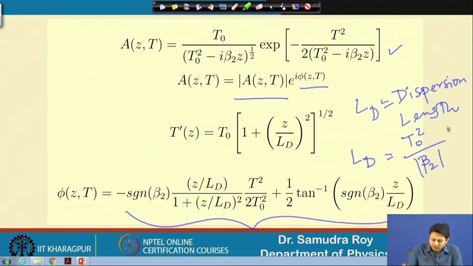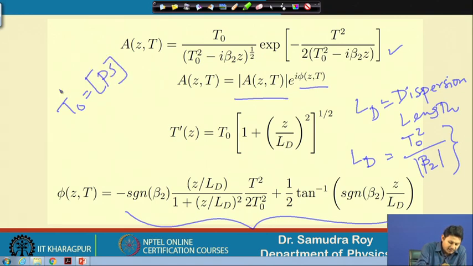If you look carefully at the units, LD is a unit of length, because it represents a distance, so the right-hand side should also have the unit of length. Here T0 will be in units of, say, picoseconds, so T0 square gives picosecond square.